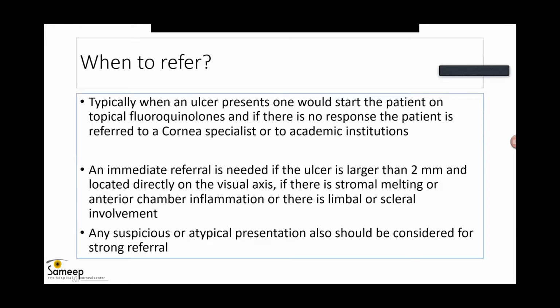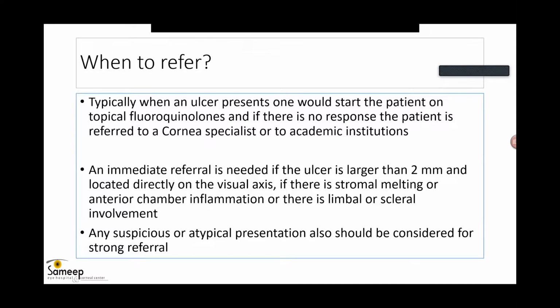If there is no response, the patient is referred to either a cornea specialist or an academic institution for further management. And many of these patients, as I emphasized earlier, would go on a downhill course, even if it is just a 2 millimeter infiltrate to begin with. If it is a very fastidious organism like Pseudomonas, it would progress very fast in a couple of hours, and if you don't see these patients very often, you may end up losing the eye.